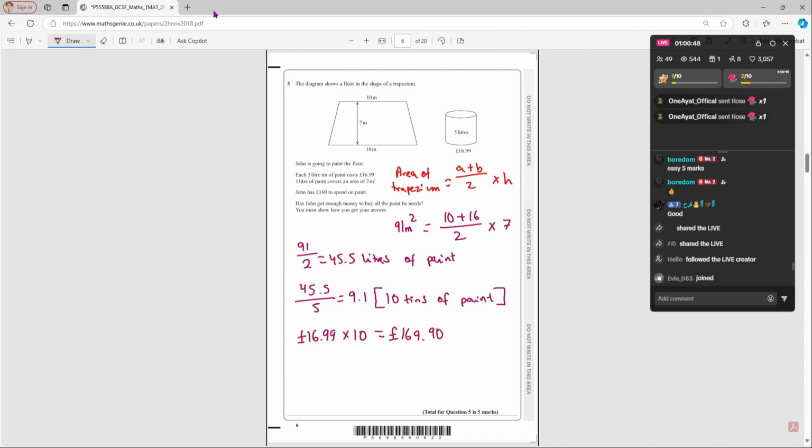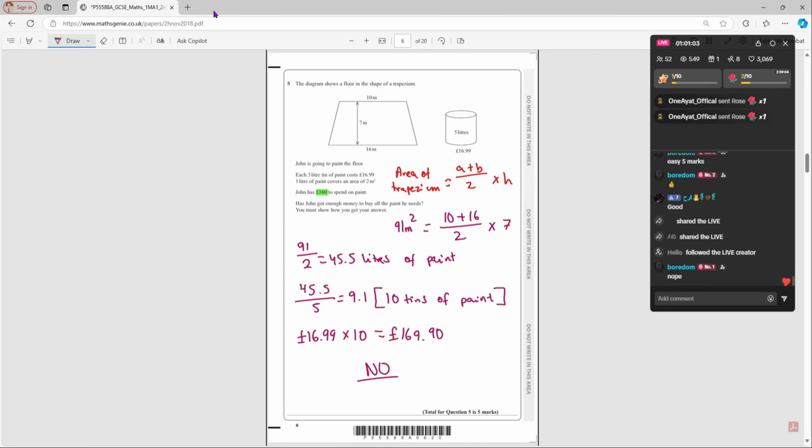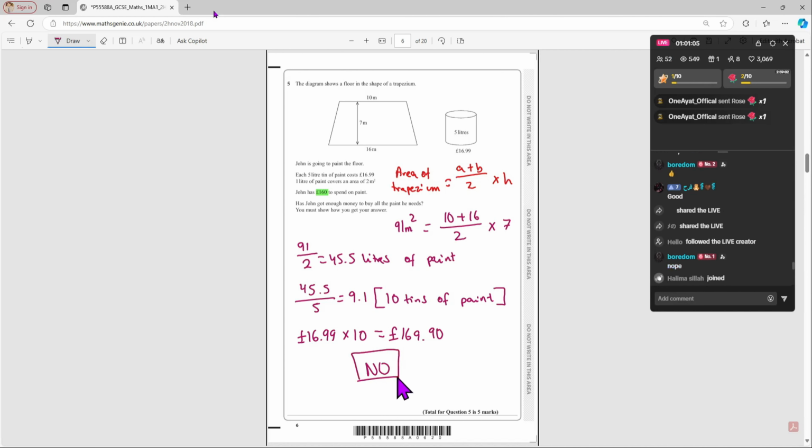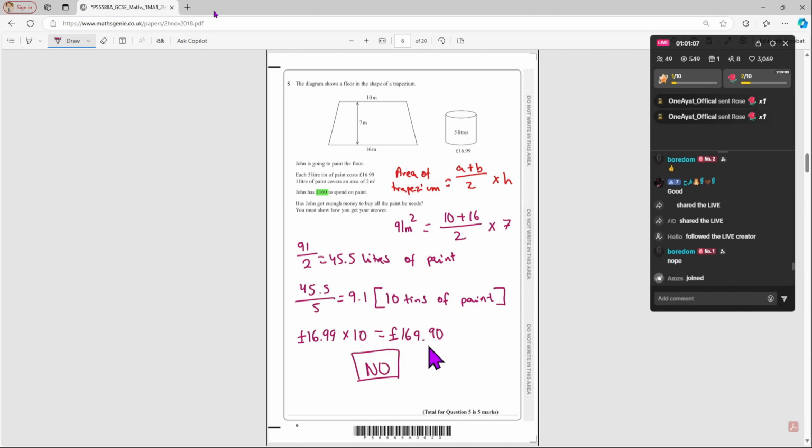It says John has £160 to spend. So does John have enough? The answer is no. He has £9.90 less. That is his total cost, £169.90. He has £160, so he does not have enough money.